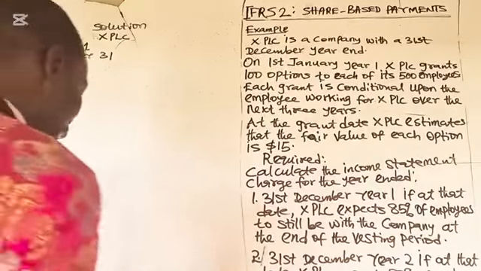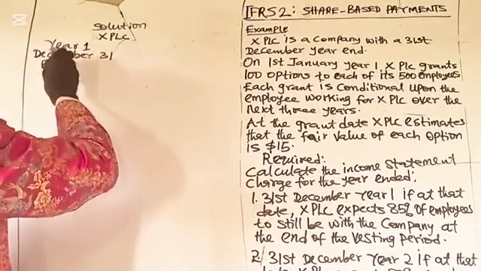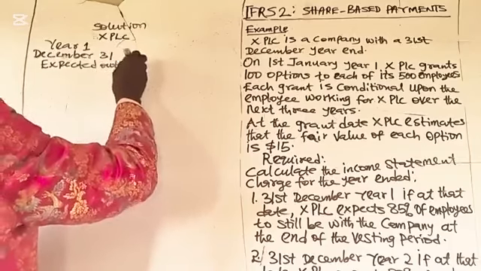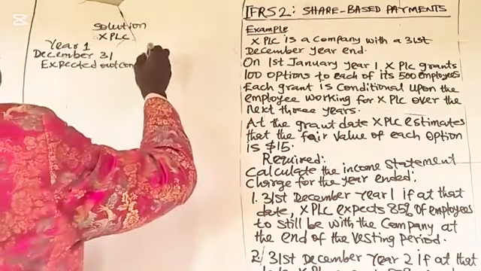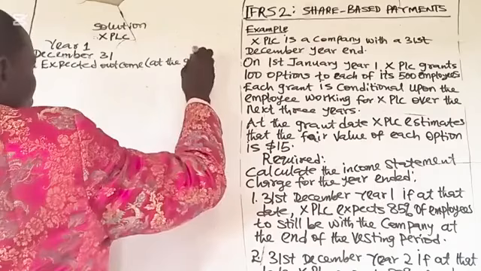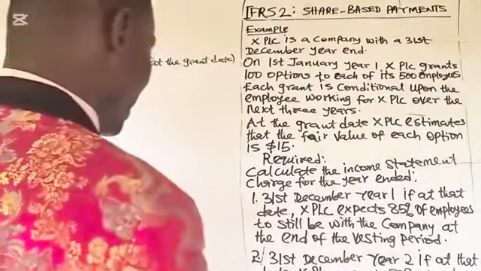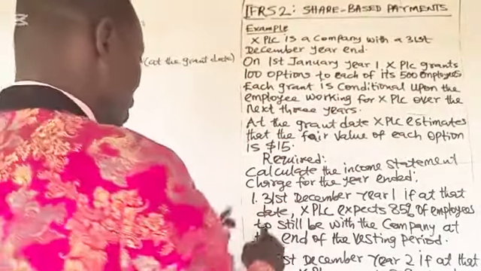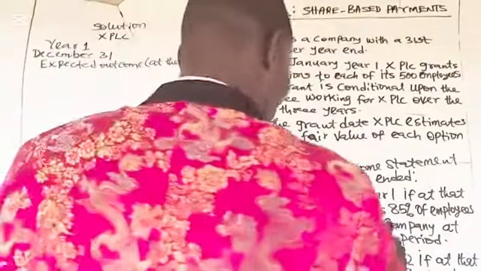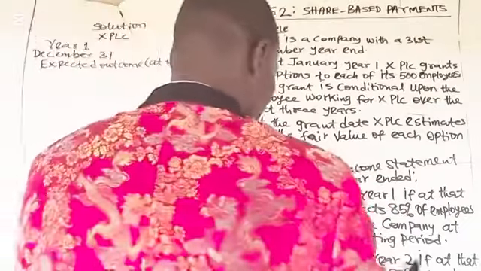What will be the expected outcome at the grant date? If you go by the first option, 31st December year 1, XPLC expects 85% of employees to still be with the company at the end of the vesting period.